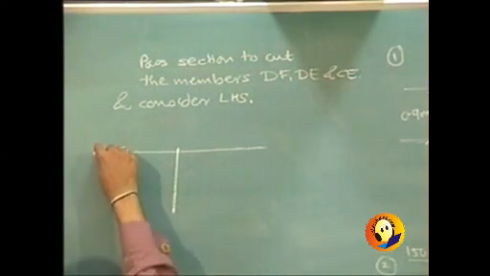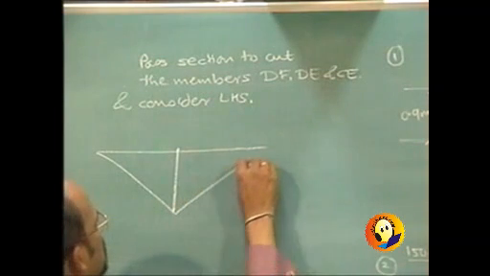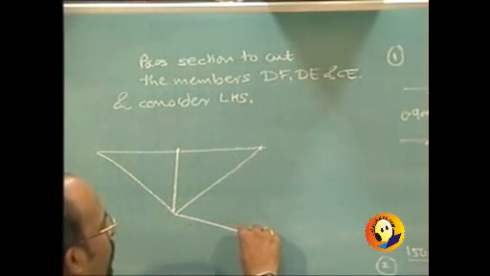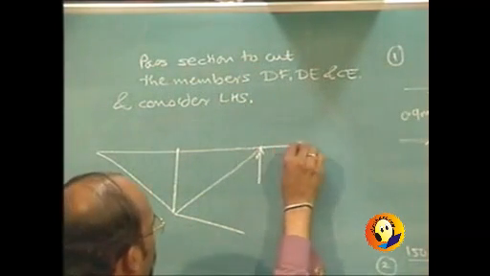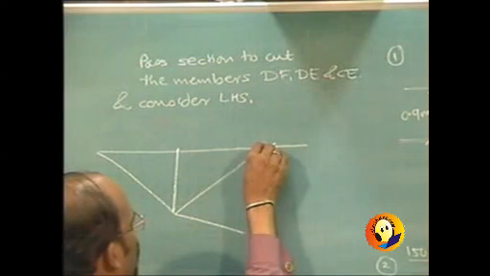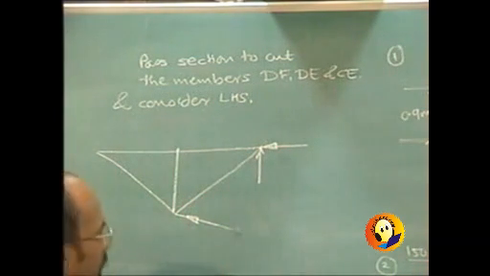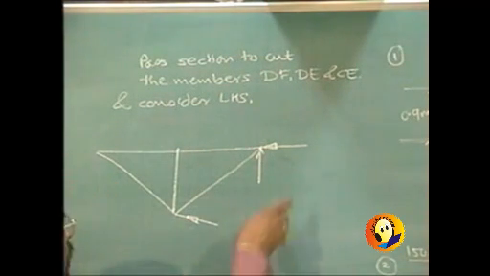We will be drawing only the left hand side of that particular truss. And this is how it will be drawn, only the left hand side. The section is like this.